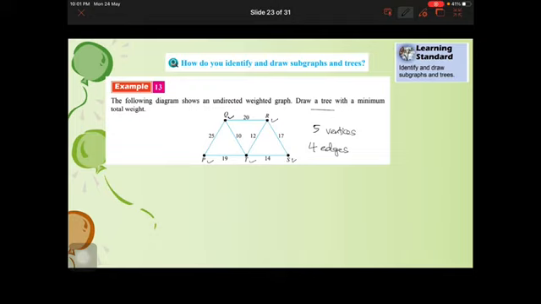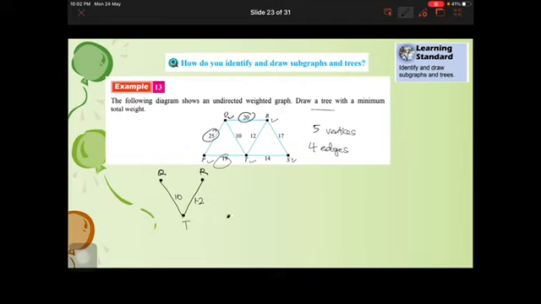So we take out 20, 25, 19. Let's draw the tree, and then we have T, 10, and then R. So from T to R is 12. And then from R to S.